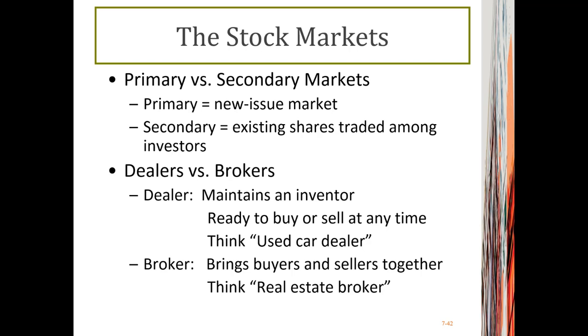So the primary market is a market where new stocks are issued, and it's a place where investors can buy shares directly from the company. But the more common case is that investors buy shares from the secondary market. They buy shares from existing shareholders.